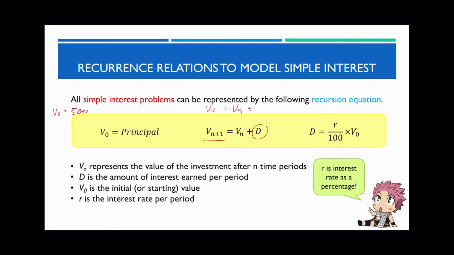To do that, all we need to do is multiply the interest rate by the principal. That's how you would use this recurrence relation. This might be quite overwhelming, but I can assure you, once I go through one example with you, you'll find it quite easy to do. So please copy the notes down on this slide, and then we'll continue on looking at an example.